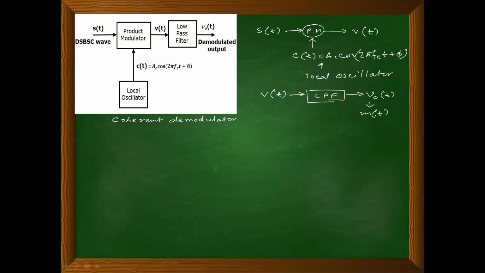From this v0(t), we get the modulating signal. Now go to the numerical part.